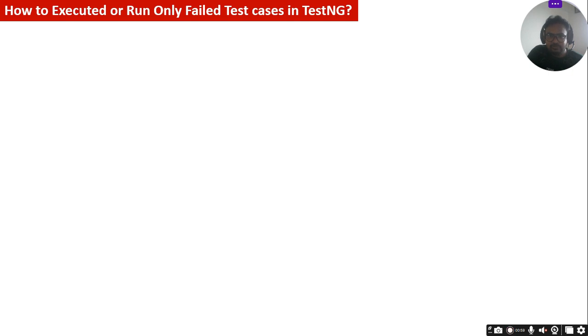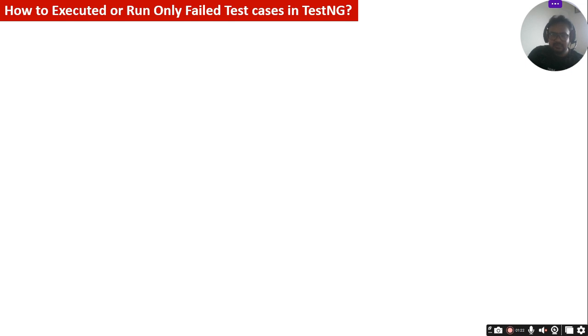That's why they will ask you how you can run the failed test cases from your execution. Once your execution is completed, let's suppose you have 22 test cases, but after the first execution you find that 6 of the 22 have failed. It is not good practice to start debugging right away.